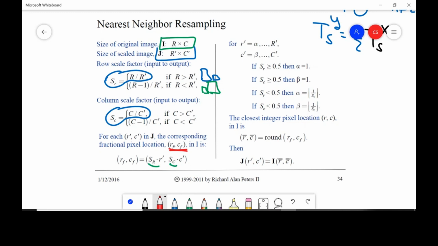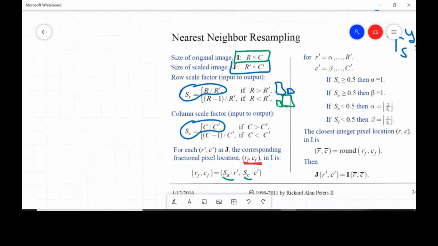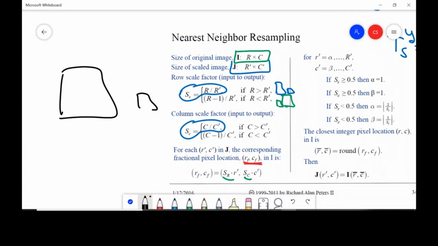Let's say that we are making it smaller. We have a big image and a small one. We always have to say this coordinate is coming from here. You always go in this direction.